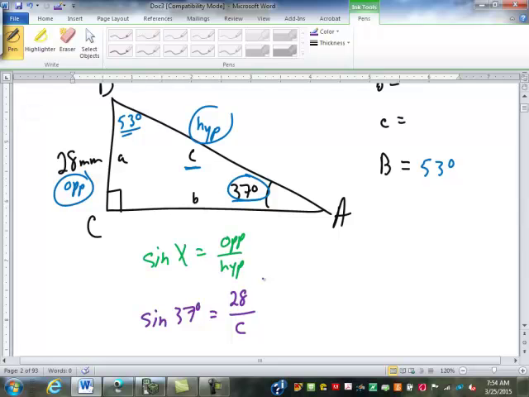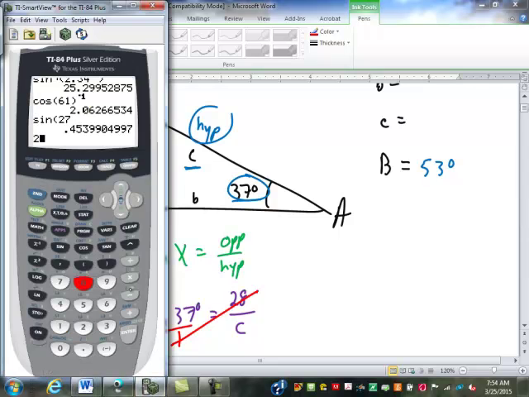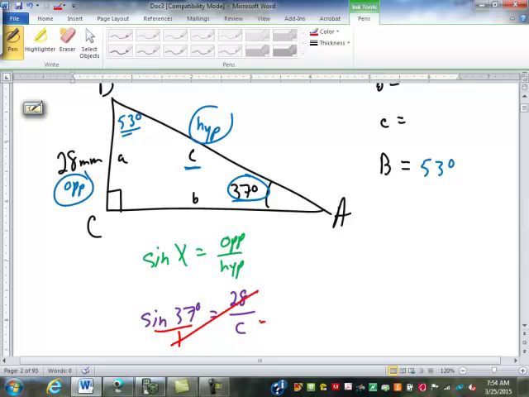Do I know the angle? Yes. If I know the angle, I solve these by making it a proportion. I cross multiply. 1 times 28 is 28. Then I divide by the sine of 37, giving me 46.53 millimeters.